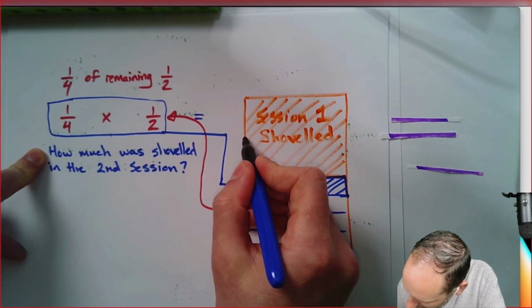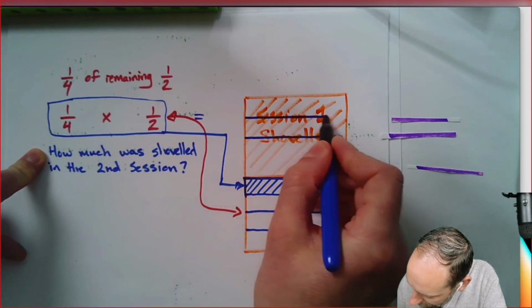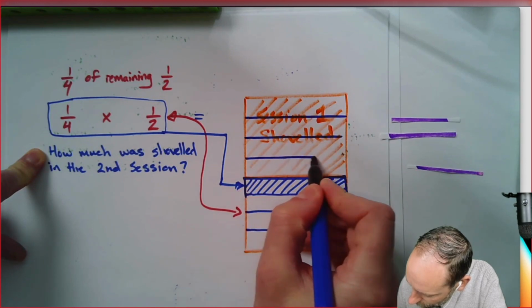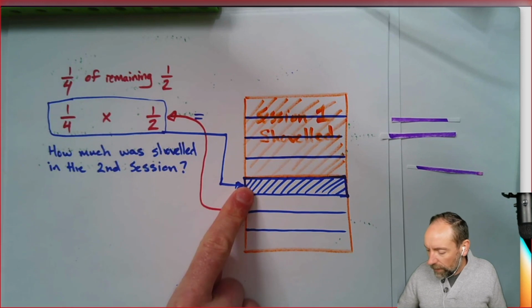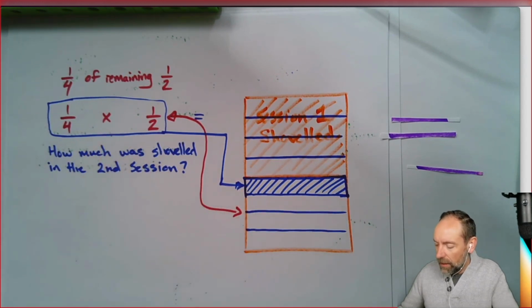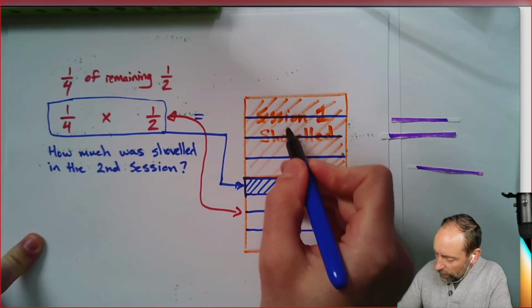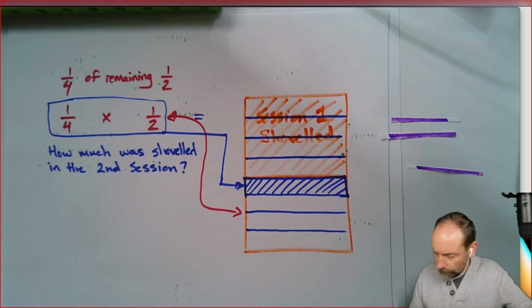I know that if I want fourths, halving is helpful, and having a half is also helpful. So now I say, okay, 1/4 of 1/2 is, shoot, what are these called now?